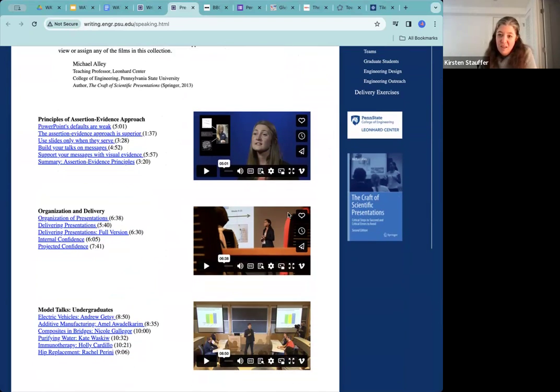So this way, again, it's not all us talking, but they can be watching others, people who are in the field, and seeing what skills are needed, from native English speakers as well. So this website wasn't designed necessarily for international or non-native speakers, but it's a useful tool for native speakers as well.